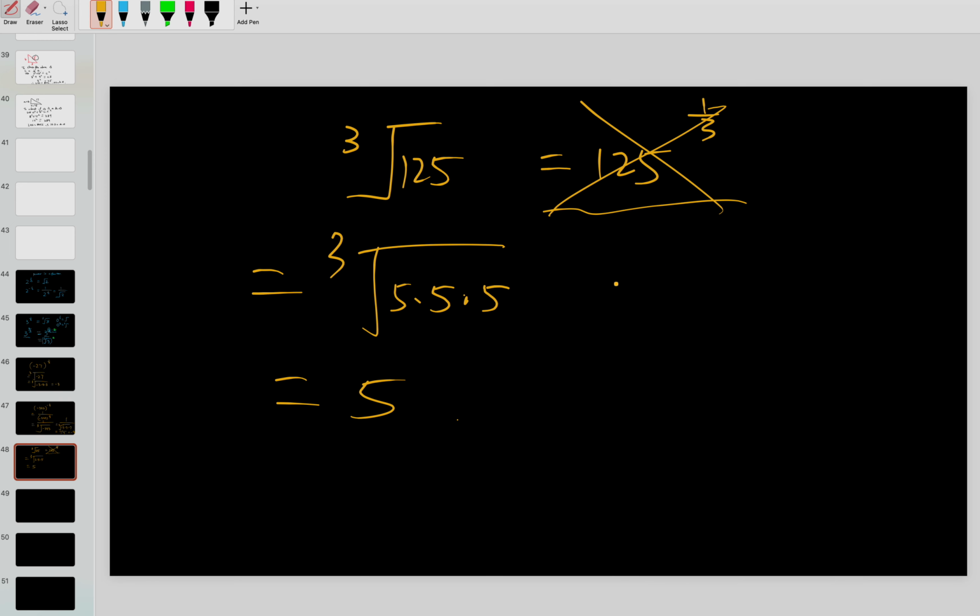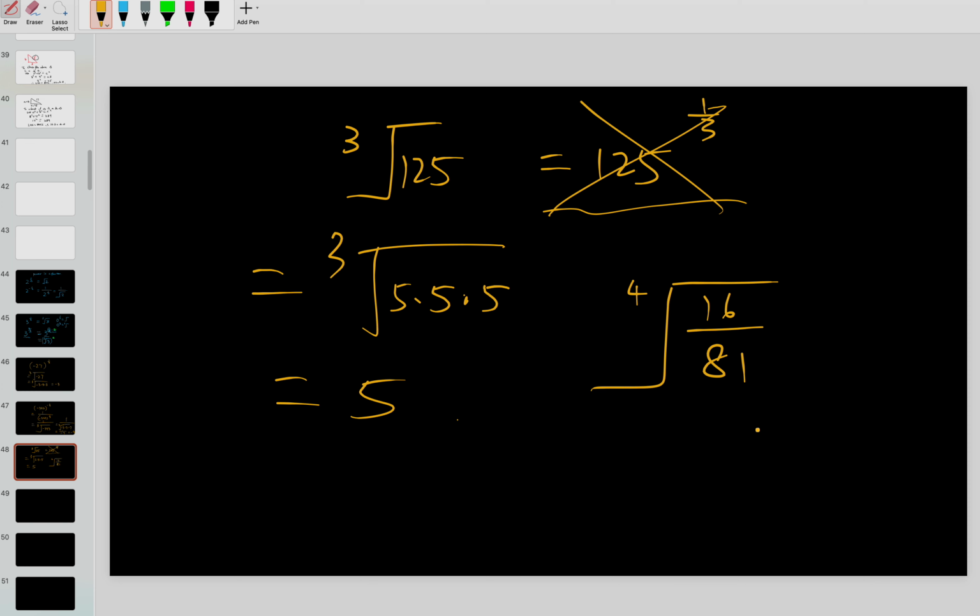D. Cube root. Oh, okay. So basically this is 4th root of 16 over 81. So that's how you read. Okay, good.